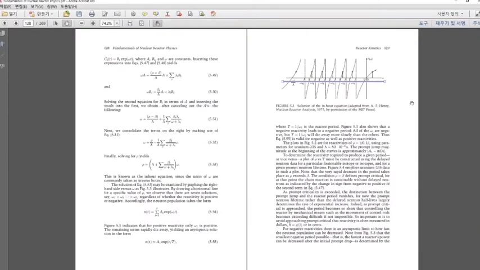So I also want to emphasize that equation 5.45 is valid for both negative and positive reactivities.